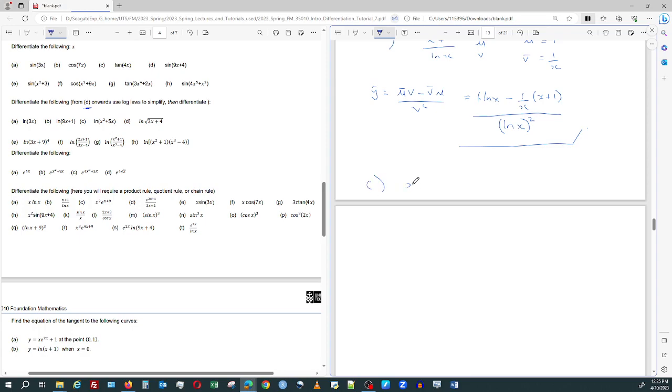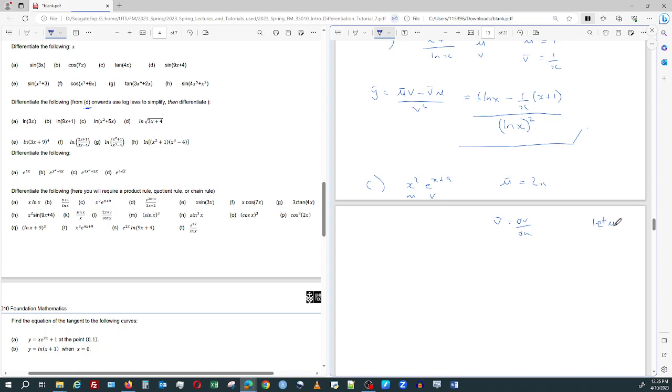Okay, so we've got x squared e to the x plus 9. So we've got a product, a genuine product. So u dash will be equal to 2x. V dash will be equal to dv dx. We probably don't need to do this.